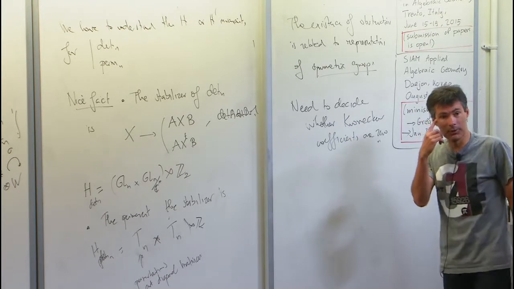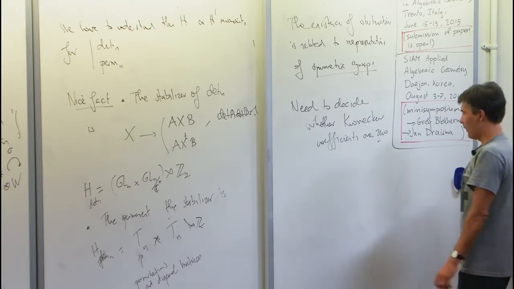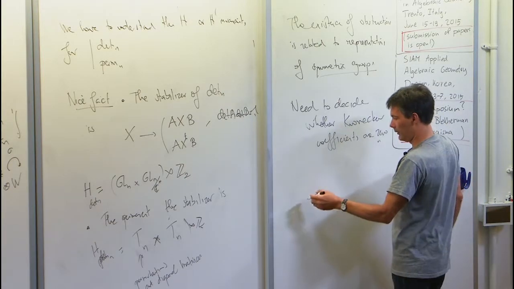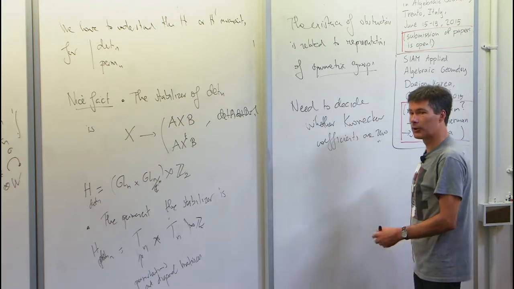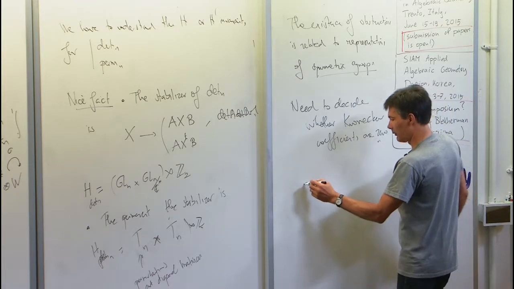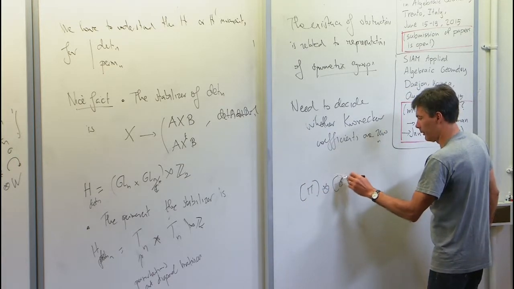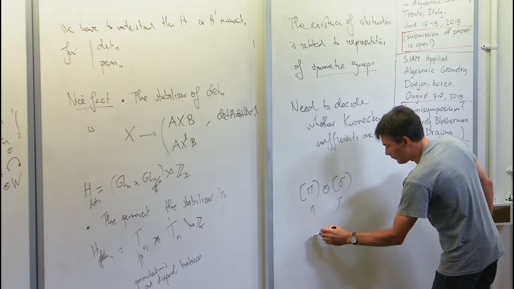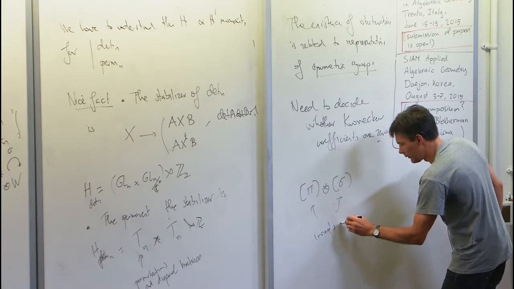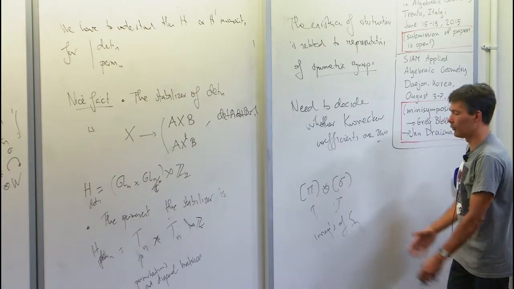Kronecker coefficients are the multiplicities you get when you take two irreducible representations of the symmetric group, pi and sigma, of Sn. We take a tensor product.